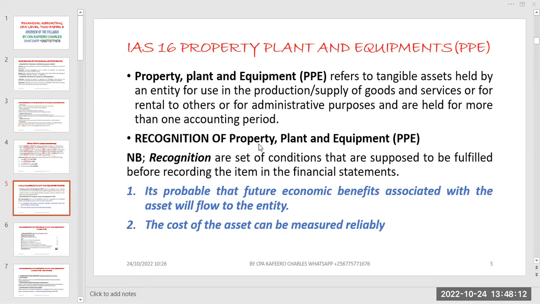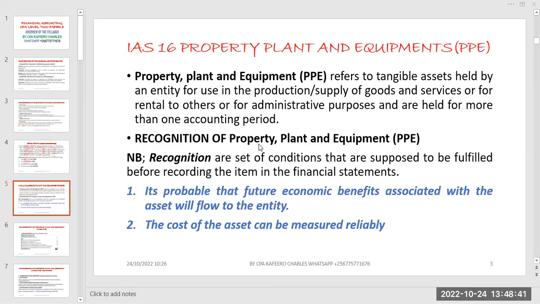Most of the times it is used within the production, but once in a while it is being given out to earn some small rental income, or it is used for administrative purposes. We have constructed our house, and we have made that house to be our head office, period. That's administrative purposes, and are held for more than one accounting period.